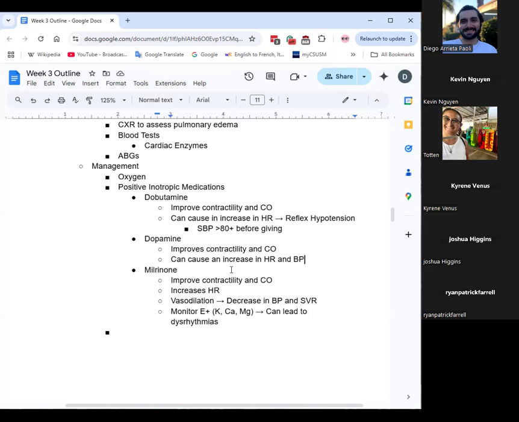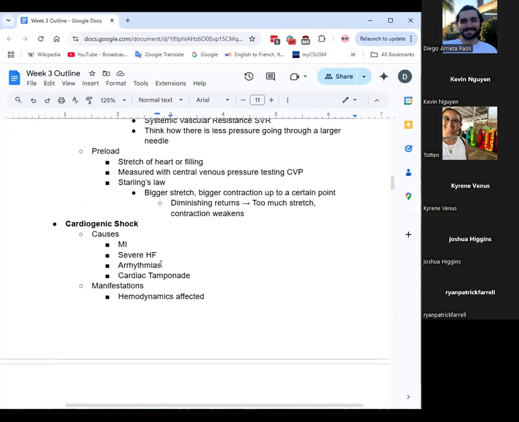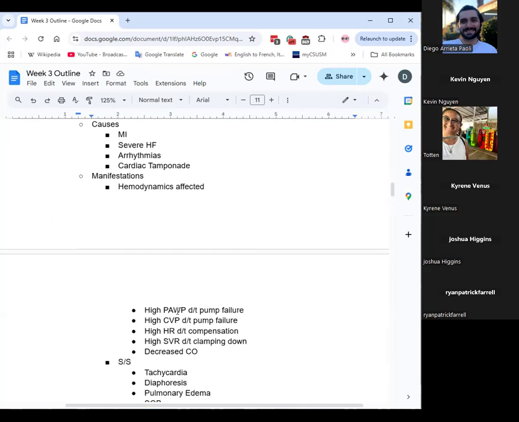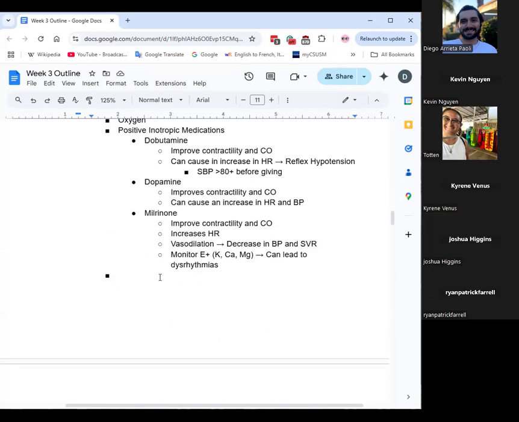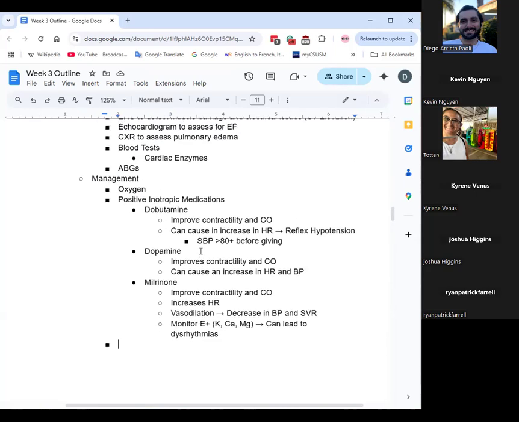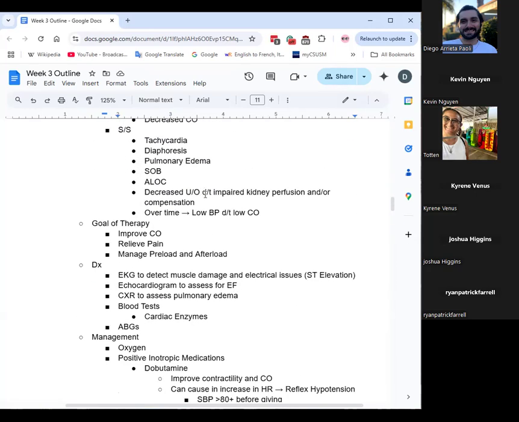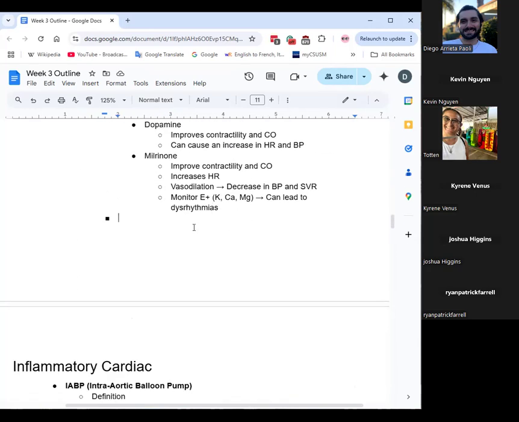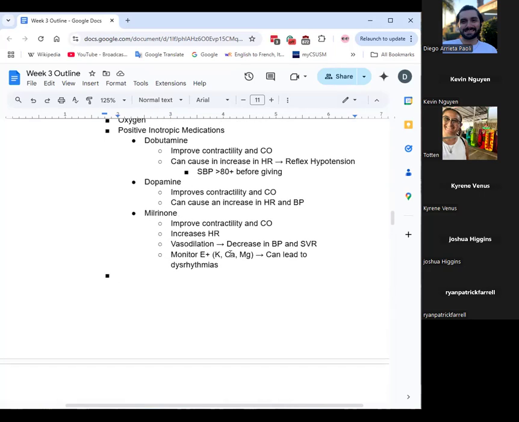Anticoags, antiplatelets. Recall that one of your potential causes is your MI, so the person can be on blood thinners. Cardiogenic shock treatment could lead to arrhythmias, and those arrhythmias can then lead to clotting issues.